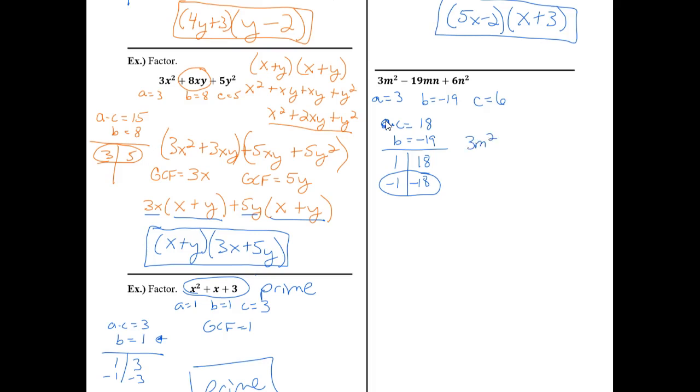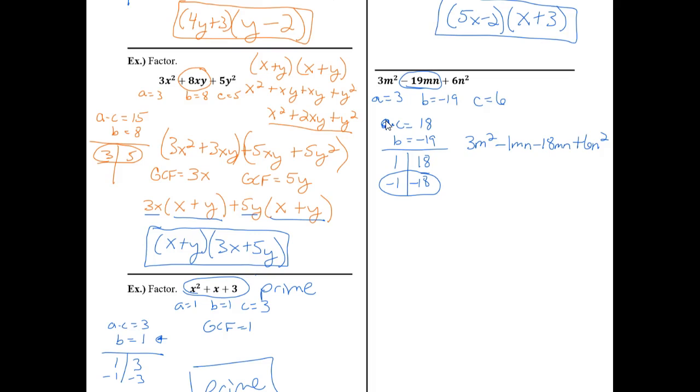So 3m squared minus 1mn, right? This middle term is what we're rewriting. Instead of negative 19mn, it's going to be negative 1mn minus 18mn. The variable has to stay the same as what it was before. The last term stays the same.